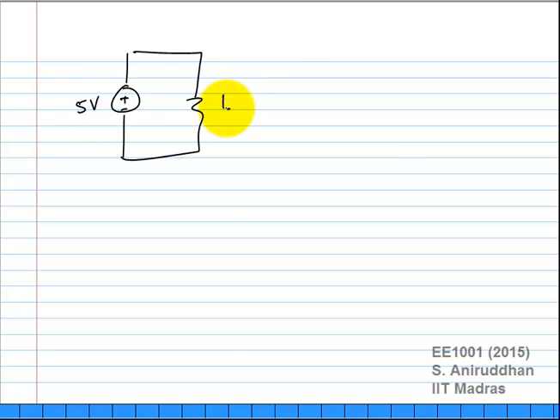So let us say, can I make this connection? I can, right? 5 volts, 1 ohm, you can figure out what this network is. Can I make this connection? This is my network. It's a trivial network, but can I make this connection?